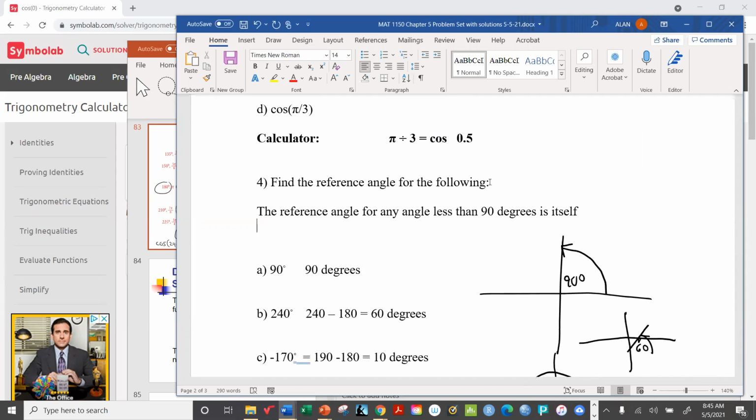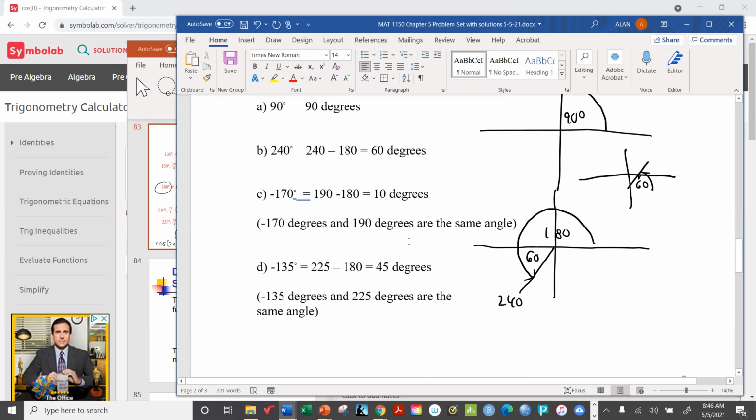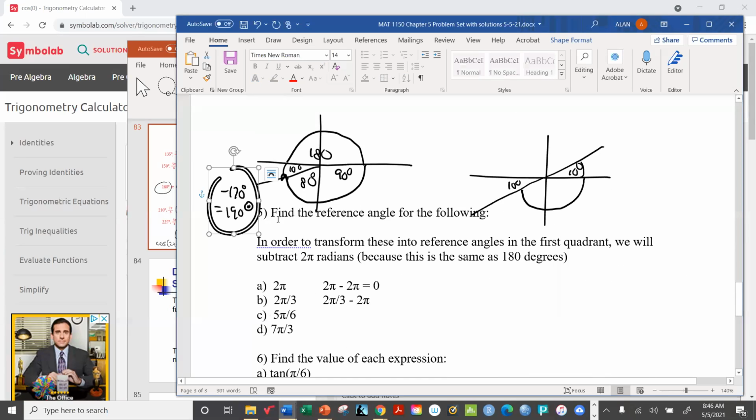In other words, the reference angle for 45 degrees would be 45 degrees. I just want to mention that because you're already in the first quadrant. So before you do anything else, check and see if you're already in the first quadrant. In these cases, we certainly were not, so it wasn't an issue, but it could actually happen.